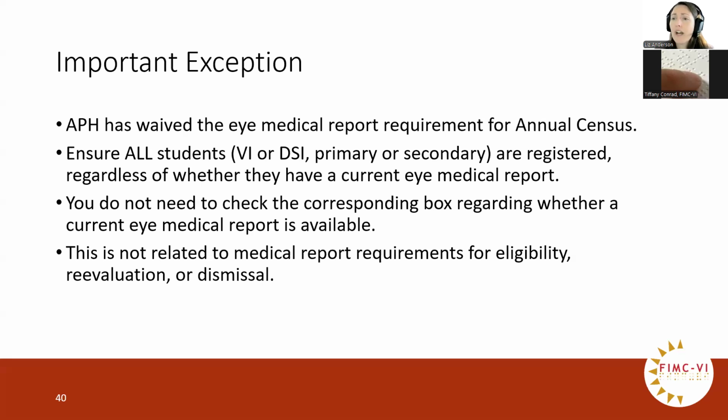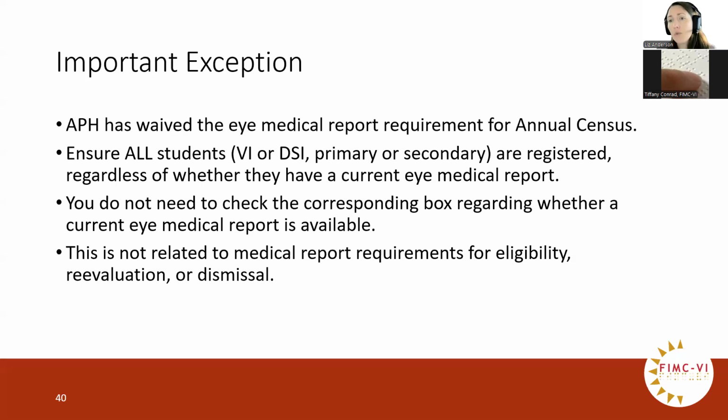But there should be some kind of medical documentation on file somewhere that was used to determine services and/or eligibility. So you're just looking through, maybe that's in the IEP, maybe it's in an assessment report somewhere where that information was documented if you can't find the actual report from a medical doctor. The fact that we don't care about how old the medical report is and our requirements here isn't related to any of the requirements for medical reports related to eligibility, reevaluation, or dismissal for visual impairment.